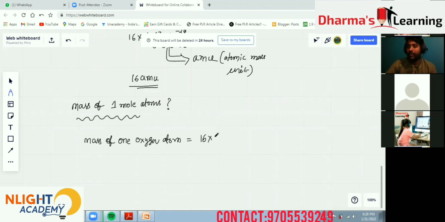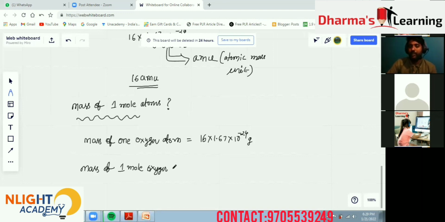Since we are doing calculation, I'm writing its value, 1.67 into 10 to the power of minus 24 grams. But I want to find the mass of 1 mole oxygen atoms, because in a chemical reaction, you cannot take one single oxygen atom and make it react.